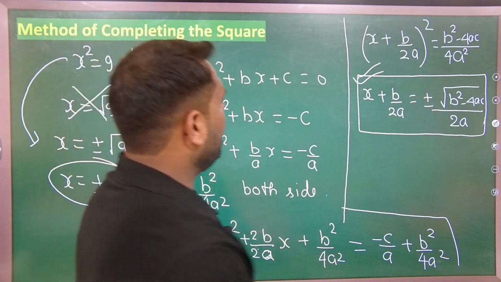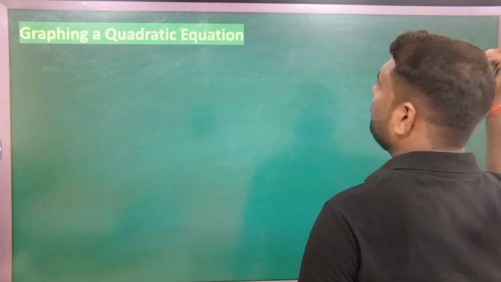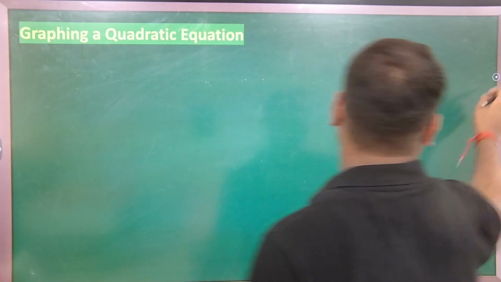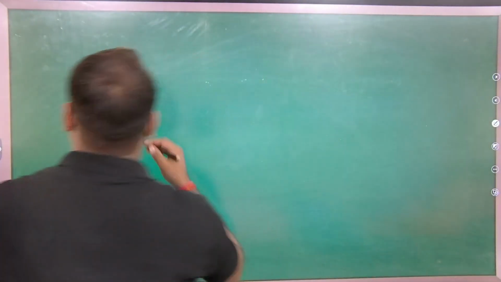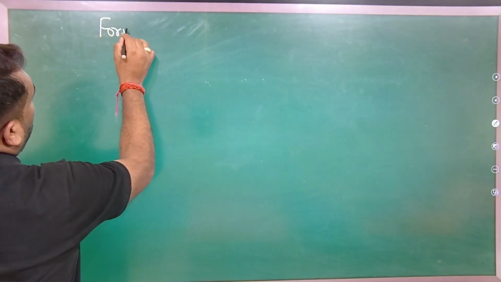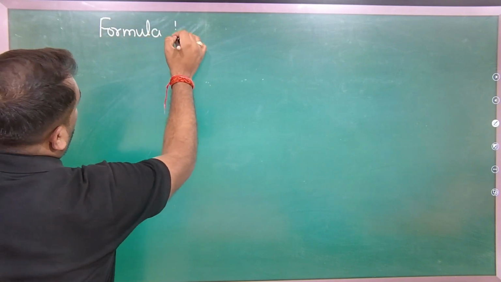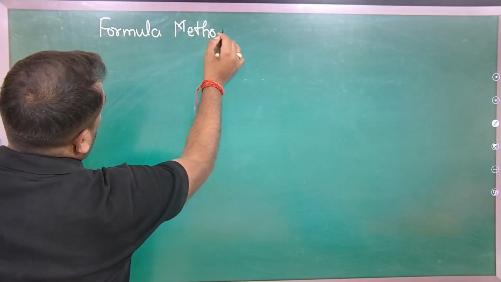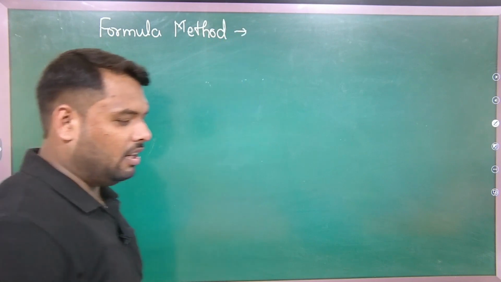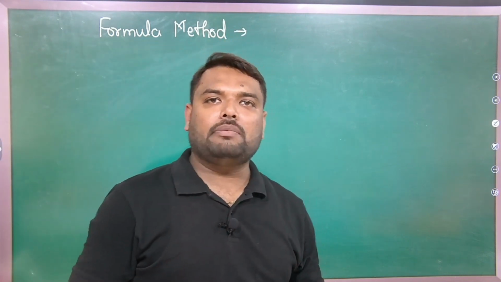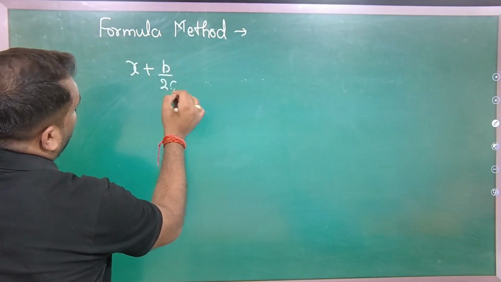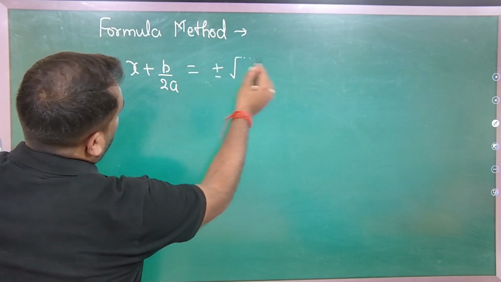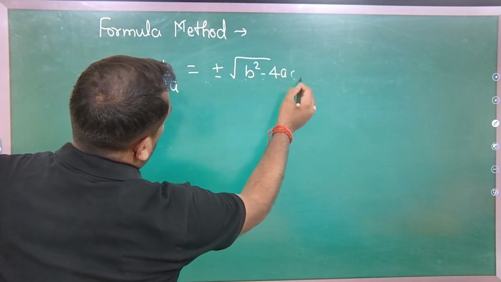Okay, and there is one more method: the formula method. Here I am telling you the formula method. This is nothing but a special form of the completing the square method. You find x plus b by 2a equals plus minus under root b square minus 4ac upon 2a.